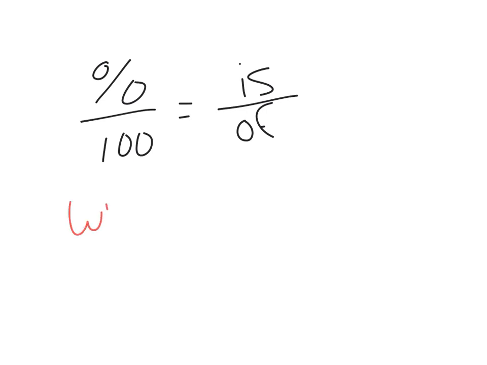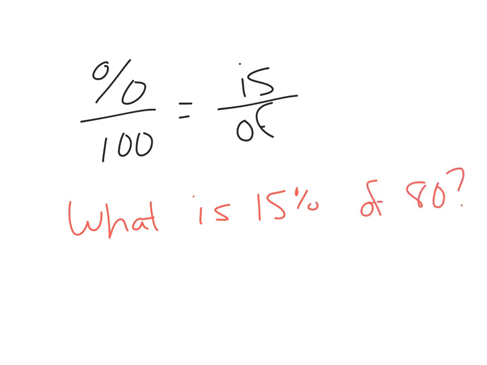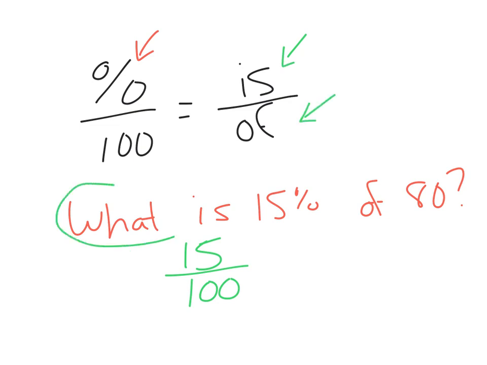So if I asked you guys, what is 15% of 80? Then again, you can pick this apart. We know that the percent always goes here. So in our question, that means 15 will go over top of 100. We know that is always goes on top of. In this question, I'm being asked for the is. So it says, what is? So in that case, that's my x. X goes into that is position.